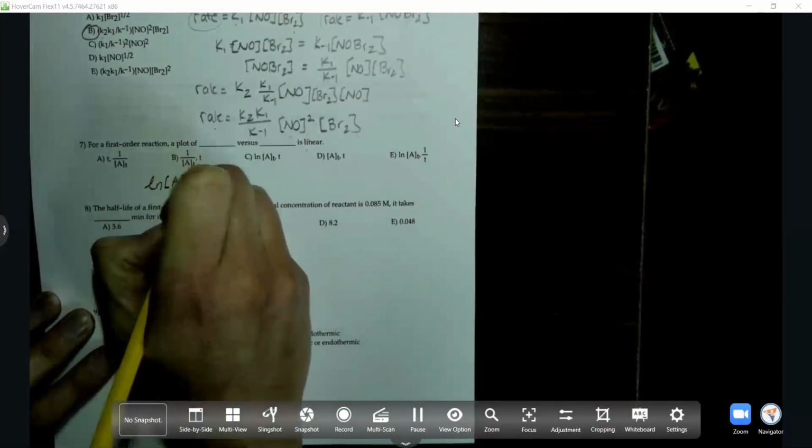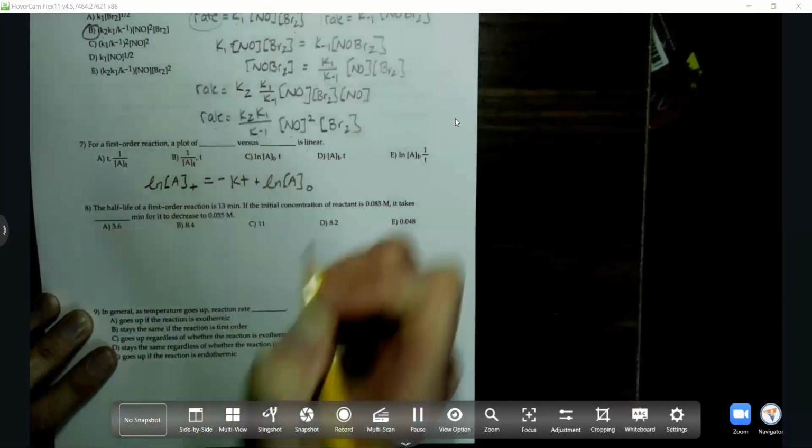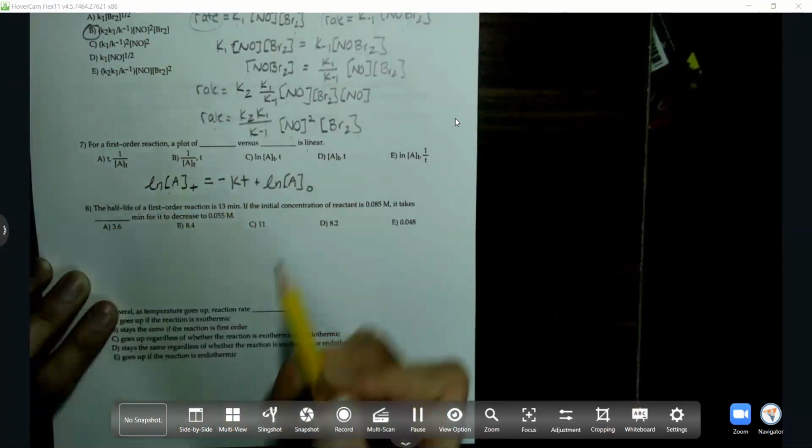The first order integrated rate law, which is given on the exam, is ln [A]t equals negative kt plus ln [A]0. So this is the integrated rate law for a first order reaction, your y equals mx plus b, your equation of a line.